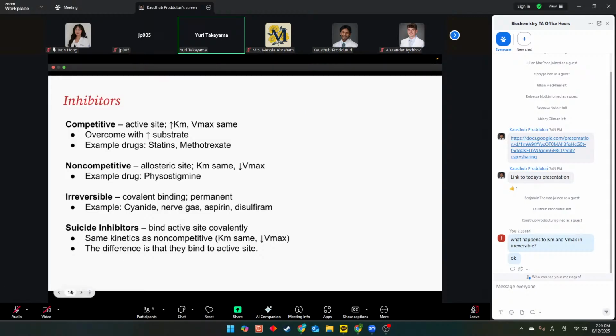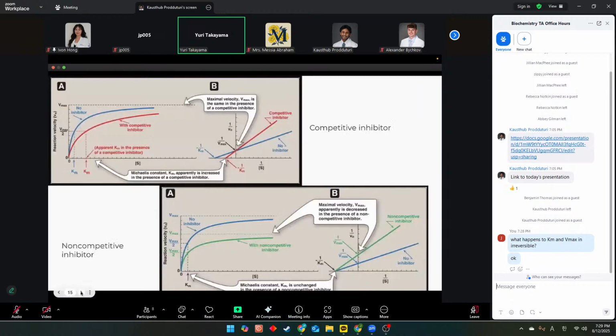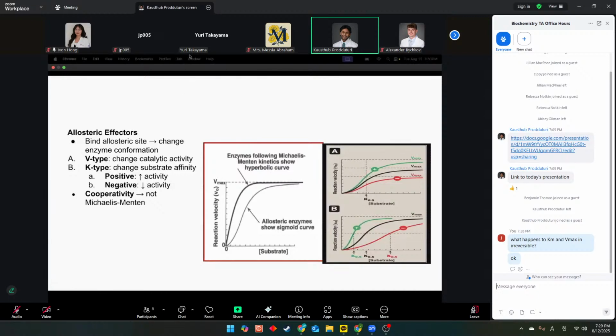Let me explain the allosteric effectors. Can you go down one more? Yep. So allosteric effectors: these enzymes have multiple subunits and binding sites. K-type effectors change the enzyme affinity for its substrate by stabilizing the enzyme, while V-type effectors change catalytic turnover.